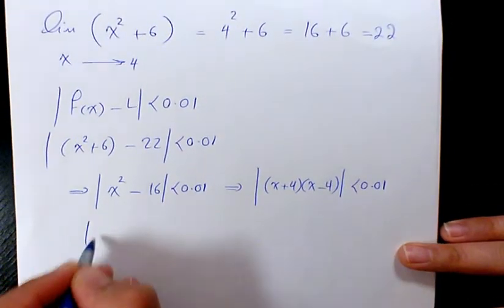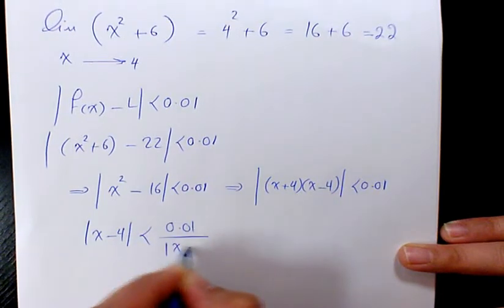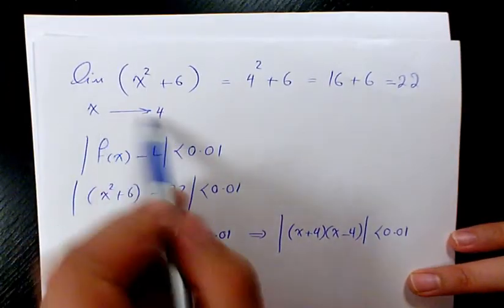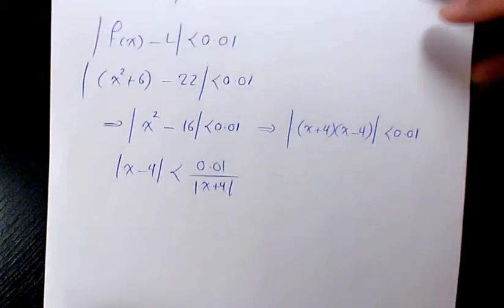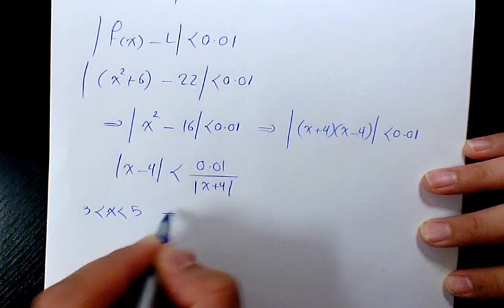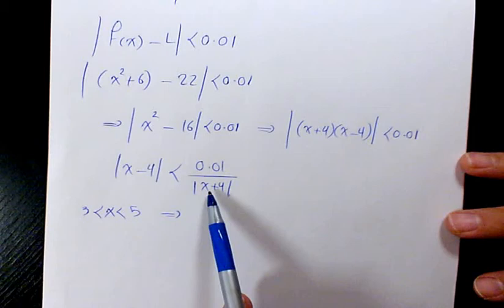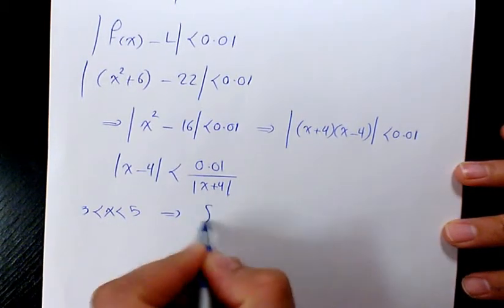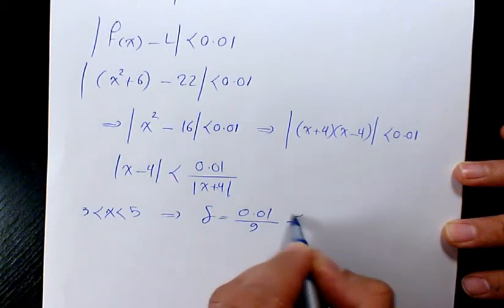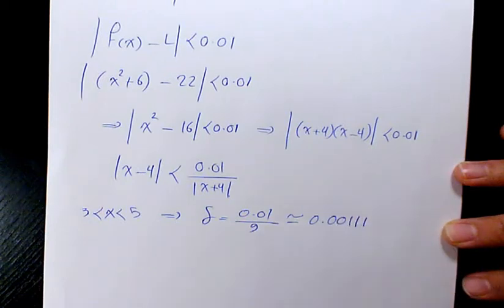So that will be the absolute value of x minus 4 less than 0.01 over x plus 4. So if you assume, since x is approaching 4, that x is between 3 and 5, you need to assume 5 in here, so delta is going to be 0.01 over 5 plus 4, which is 9, and when you calculate it, it's going to be 0.00111.